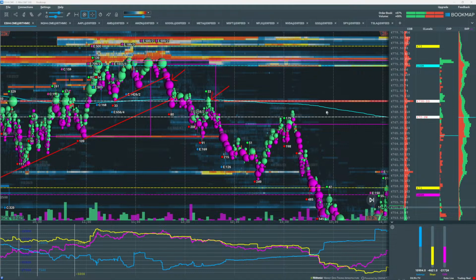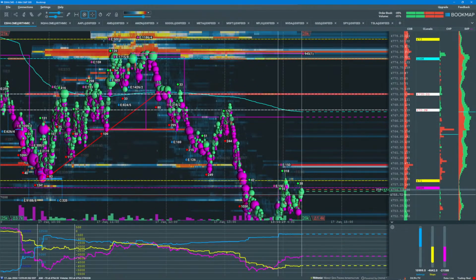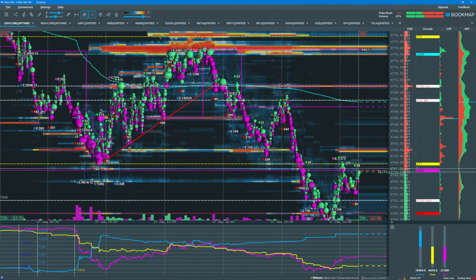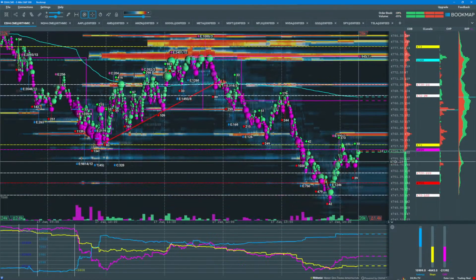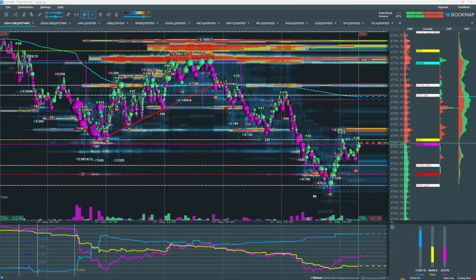Then secondary entry points at the 47.38 level and also the SPY 472 level. And then potentially ES finding support at the SPY 470 level. That's a large gamma 2 level.